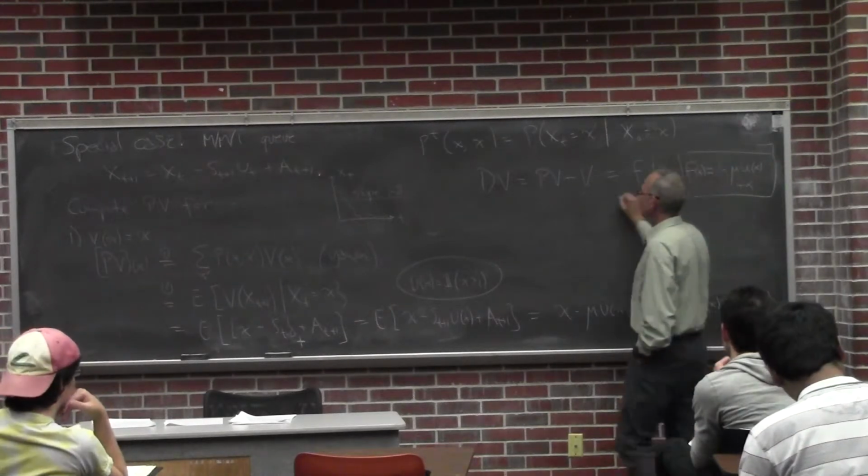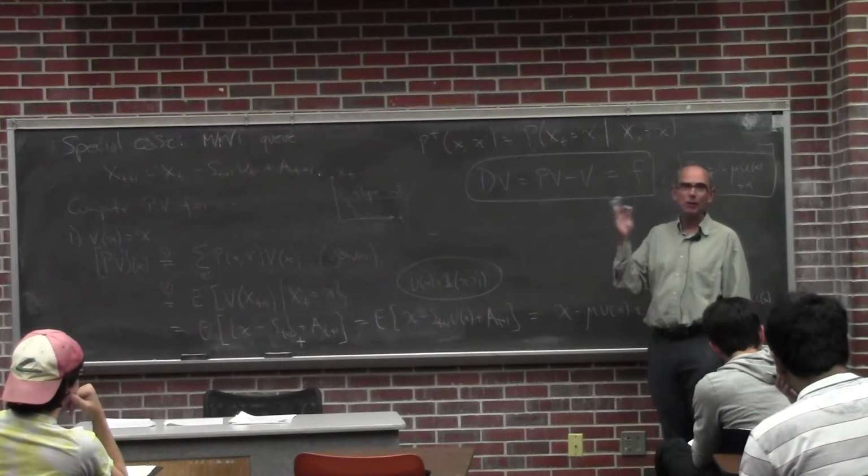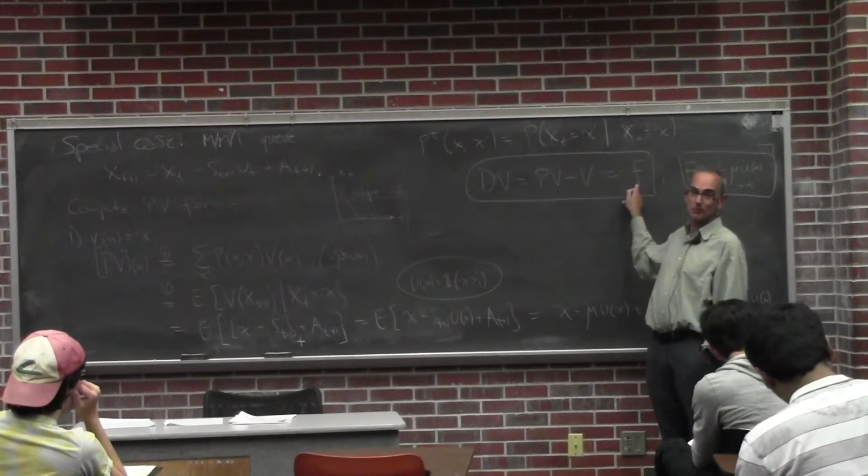I'm just rewriting this one more time to have something concrete in front of us. What we're going to see is that under very general conditions, it implies that the mean of f is 0.